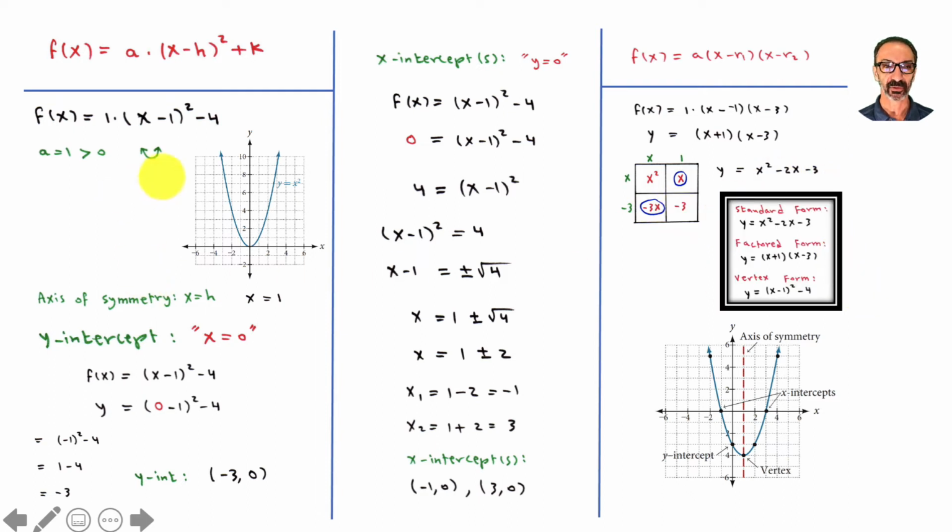Now you have the whole package, which is how the standard form for this equation looks: x squared minus 2x minus 3. The factored form is right here, and the vertex form is right here. So that's like 3 in 1.